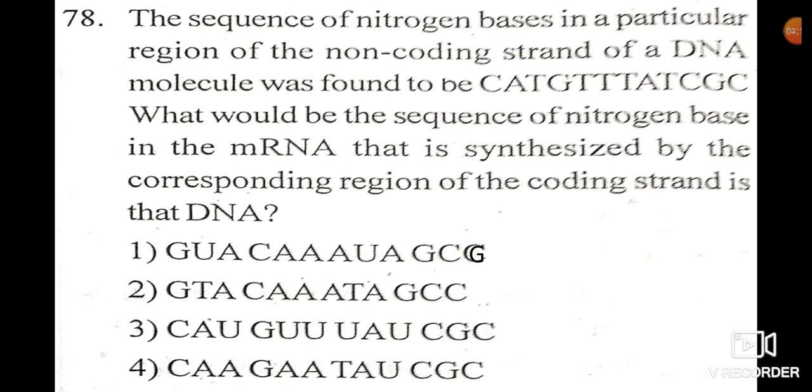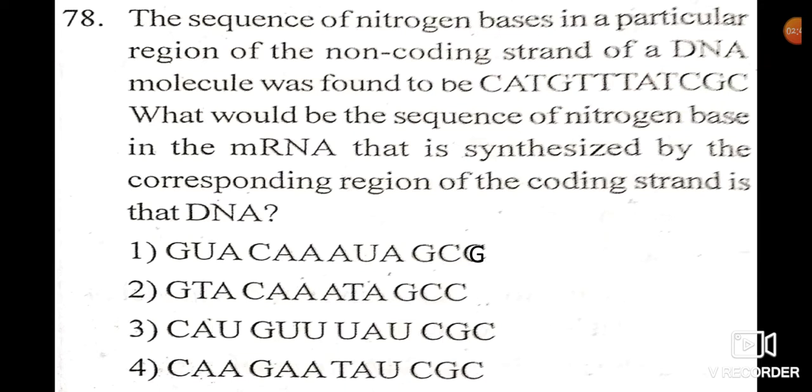Question number 78. The sequence of nitrogen bases in a particular region of the non-coding strand of a DNA molecule was found to be C, A, T, G, T, T, T, A, T, C, G, C. What would be the sequence of nitrogen bases in the mRNA that is synthesized by the corresponding region of the coding strand?